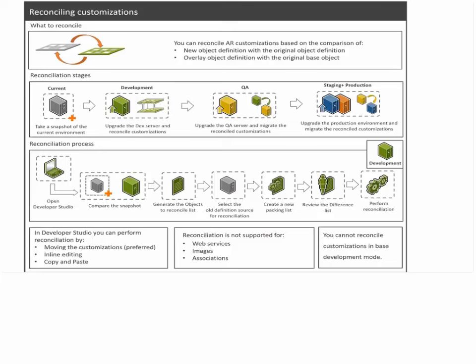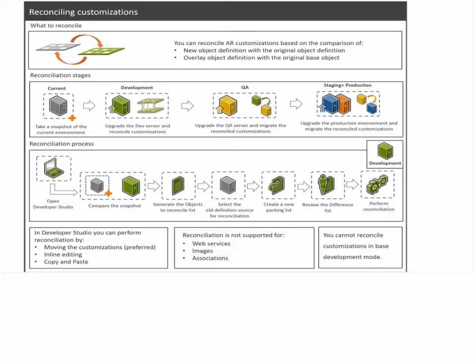And once you have taken that snapshot, you upgrade your dev server, and then you reconcile the customization using this tool. And then you upgrade your QA server, and then migrate the reconciled customization to your QA box, and then you promote these changes to your production environment with this reconciled customization.